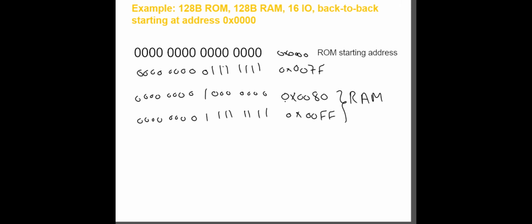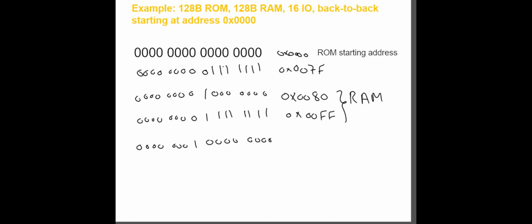Now the I/O, like we said, is 16 locations starting after the RAM. So if I add 1 to this, I end up with 1 here. 1, 2, 3, 4, 1, 2, 3, 4. Then the remaining bits are 0. And 16 locations or 16 addresses, that's 2 to the power of 4.